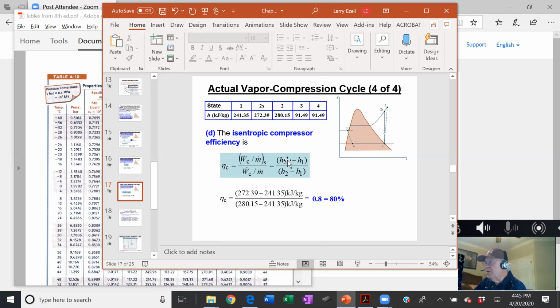But whether you have H2S minus H1 over H2 minus H1, or H1 minus H2S over H1 minus H2, you're going to get the same thing. And since he gave you H2S and H2, it's just plug and chug to get the isentropic compressor efficiency of 80%. That's a reasonable number.